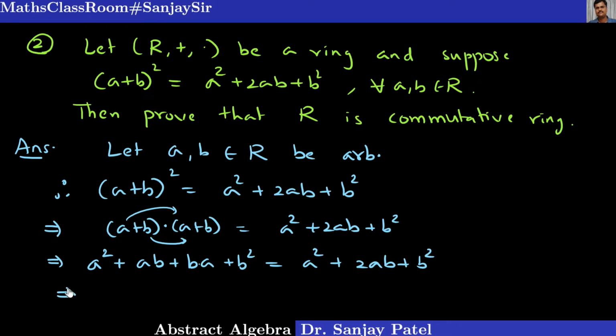And by the cancellation law, because R is a group with respect to addition, I can cancel the elements from left and right. What I will get is AB + BA = 2 times AB. So this will be left.